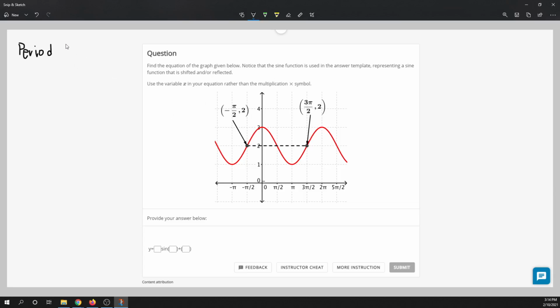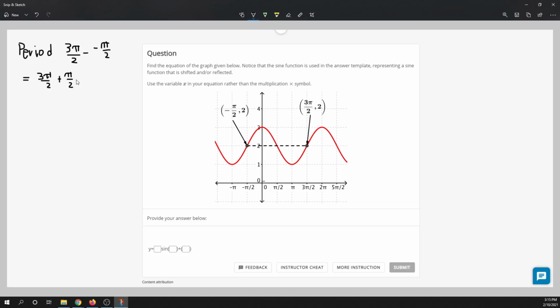And so here you can calculate that by taking this rightmost point, the right x coordinate, 3 pi over 2, minus a negative pi over 2, from those points that they give you. When you calculate that out, that's going to be 3 pi over 2 plus pi over 2.